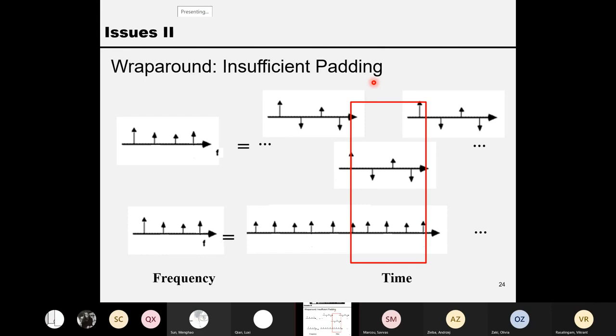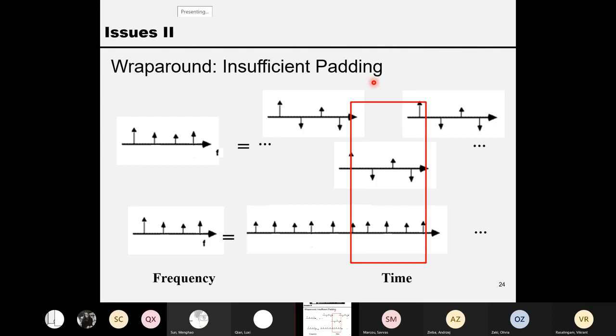I will show you some examples of wraparound. I actually showed it before when we looked at seismograms from websites. We see some energy appearing before the first arrival. At that time I said maybe you used AGC and boosted the background noise.